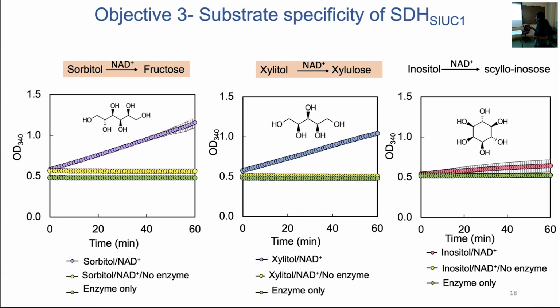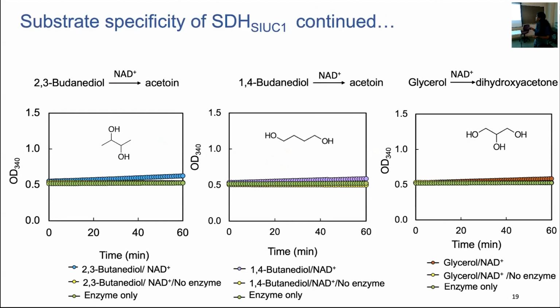According to those results, sorbitol, xylitol and inositol, which are sugar alcohols, could be converted by this enzyme in the presence of NAD plus as a cofactor. And here I have 2,3-butanediol, 1,4-butanediol and glycerol. Those are diols and triols, and they also needed NAD plus in the reaction mixture for their conversion.